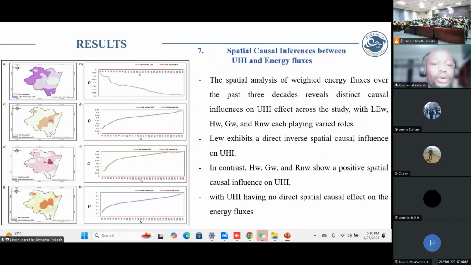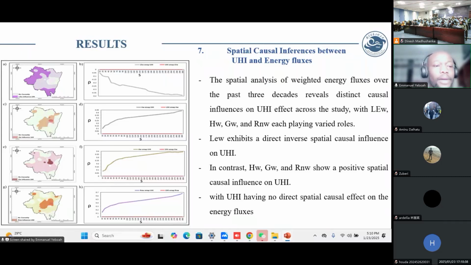And then with the B, we basically represent the number of pixels that we pick. As we head towards the city, you can see that if you pick 10 pixels, it's quite small. But as you pick 300 pixels of samples, it becomes very, very small. That is because we are heading towards the city and latent heat is decreasing.